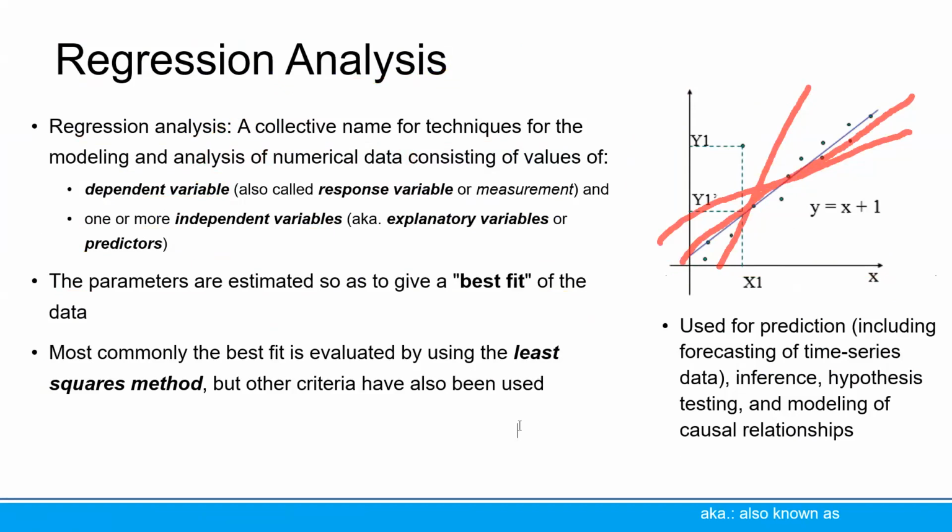Least error means the smallest errors. Okay. This is the least square method. We want to see the smallest error. Usually we use this for prediction, including forecasting time series data, inference, hypothesis testing, and modeling causal relationships.